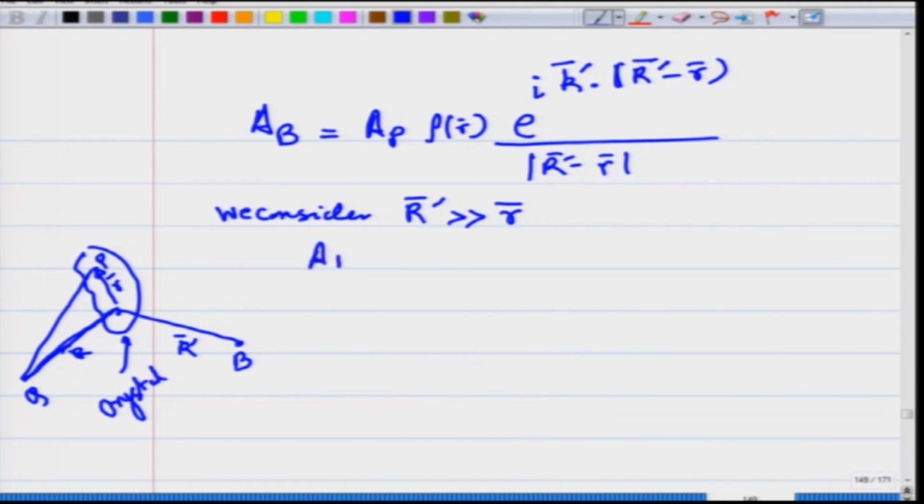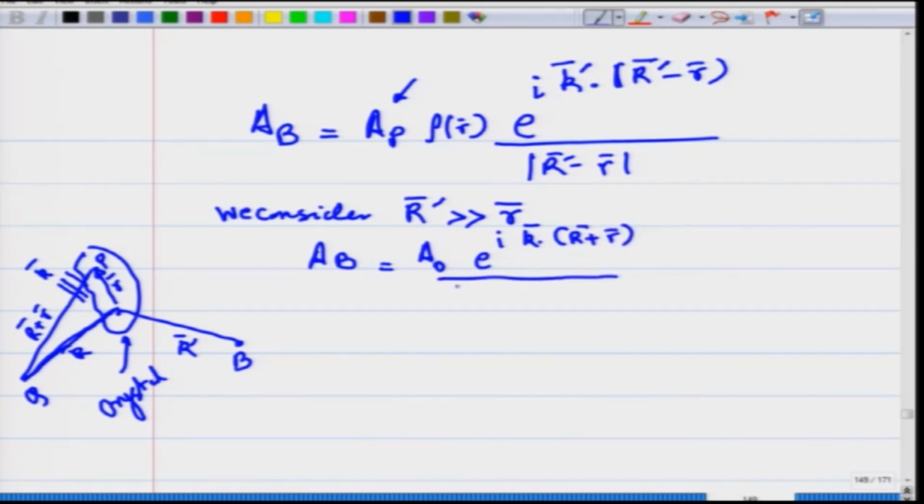And so, for the amplitude at B you can write it as, now I will substitute for the amplitude at P the wave fronts which are reaching point P. This is r plus r with an incident wave vector k. It is e raised to i k dot (r plus r) divided by the magnitude of r prime.